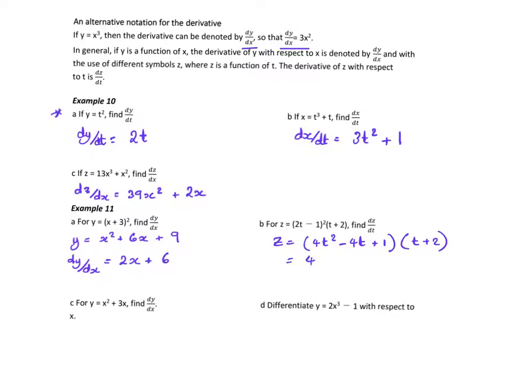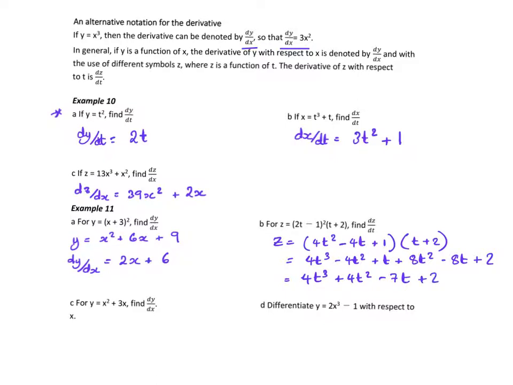So you get 4t cubed minus 4t squared plus t plus 8t squared minus 8t plus 2. Let's tidy that up. So it's 4t cubed, minus 4t squared plus 8t squared is plus 4t squared. t minus 8t is minus 7t, and don't forget about plus 2.